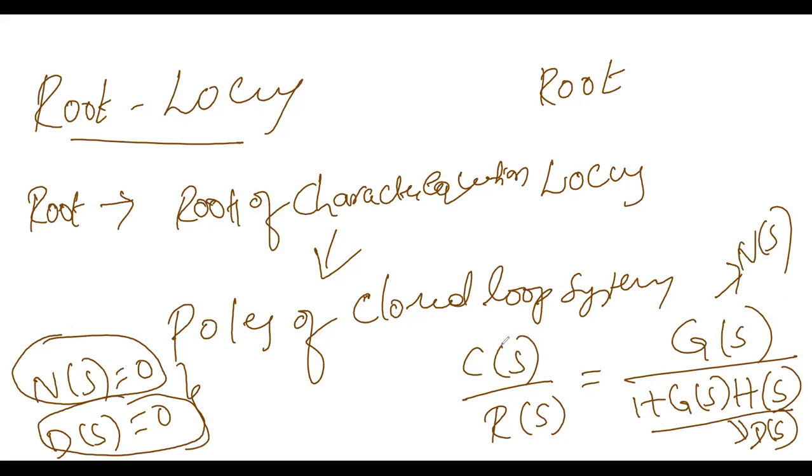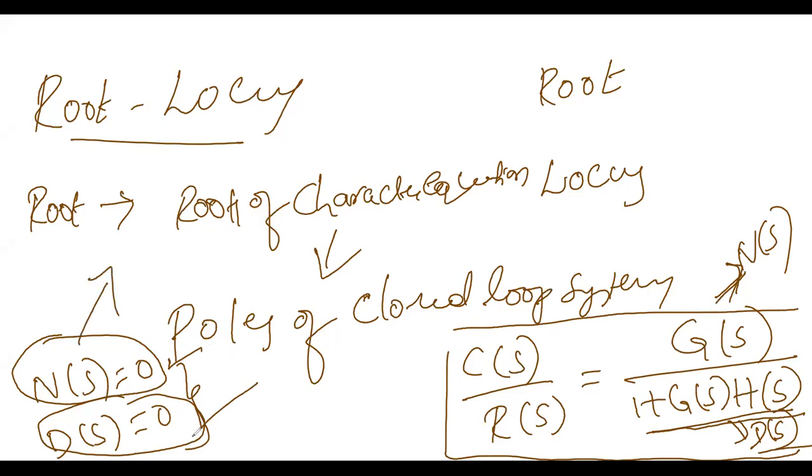This is the closed loop transfer function G(s) by 1 plus G(s) into H(s). Let G(s) be N(s), and let 1 plus G(s) into H(s) be D(s). If you equate N(s) equal to 0, and D(s) equal to 0, what are we getting from the numerator polynomial and from the denominator polynomial?